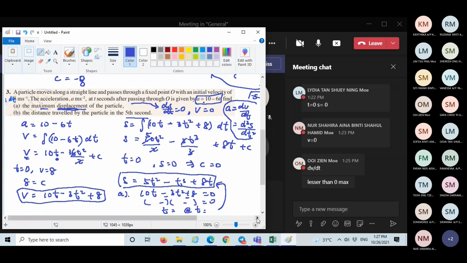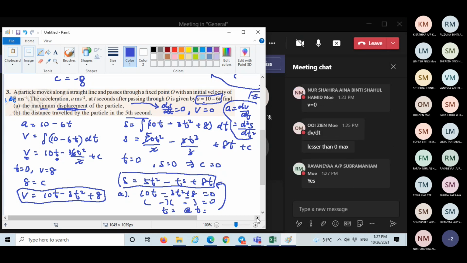Can you please tell me how to find, using what formula, the distance in the 5th second, S what minus S what? Is Ravania here? Do you think you can answer my question?